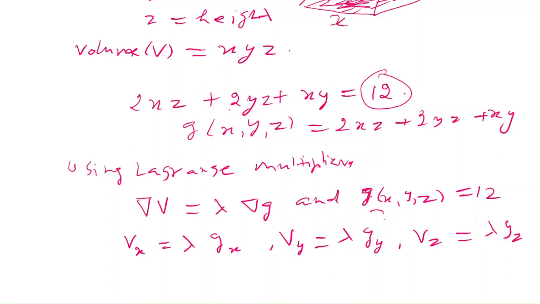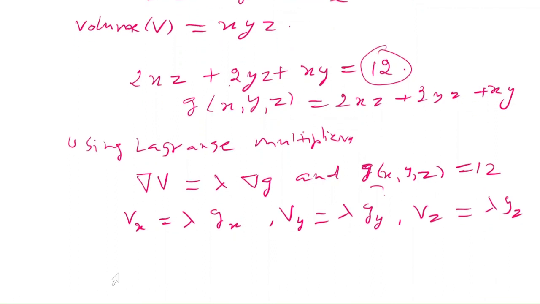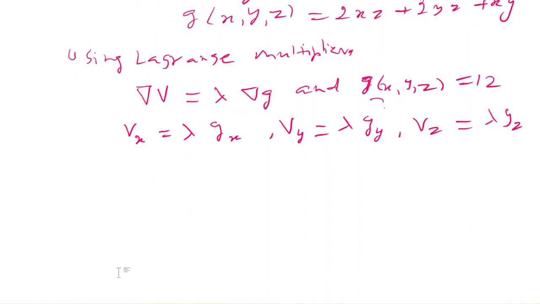So you can find this using the function v and g. We should not forget the condition along with this. And the condition g of xyz, 2xz plus 2yz plus xy, is equal to 12.